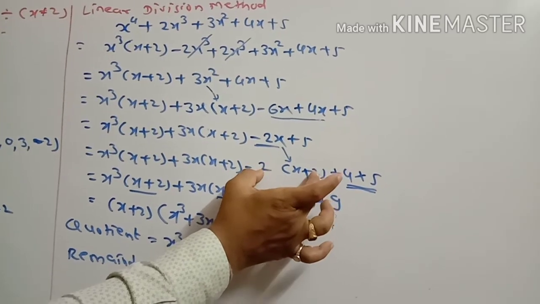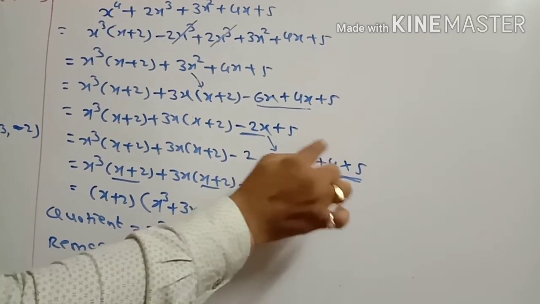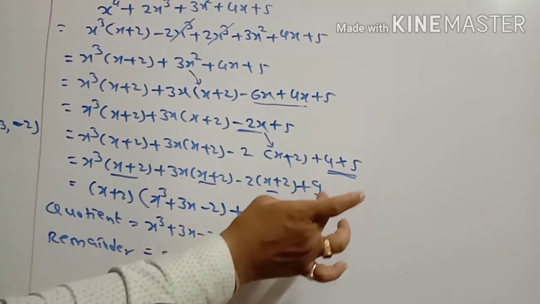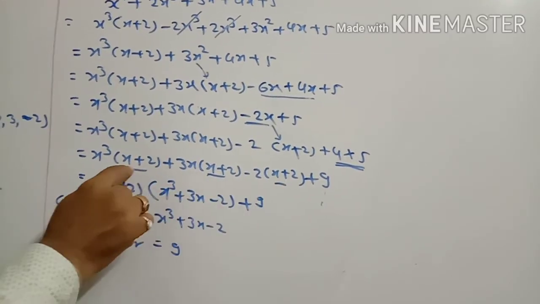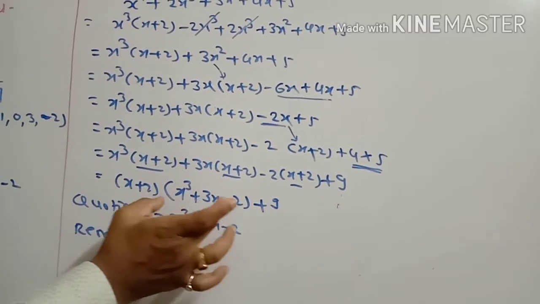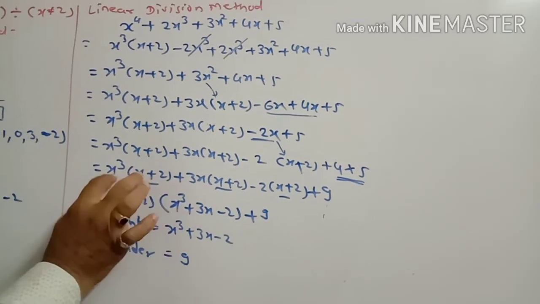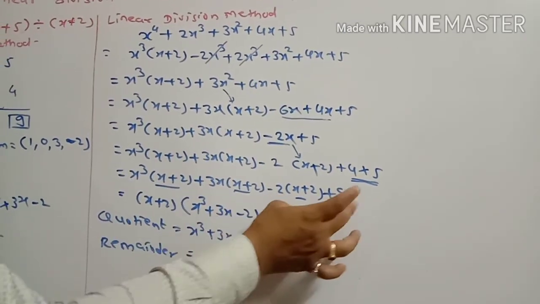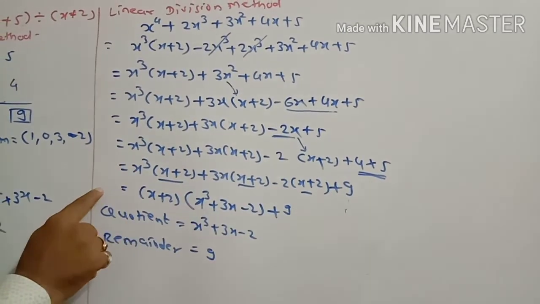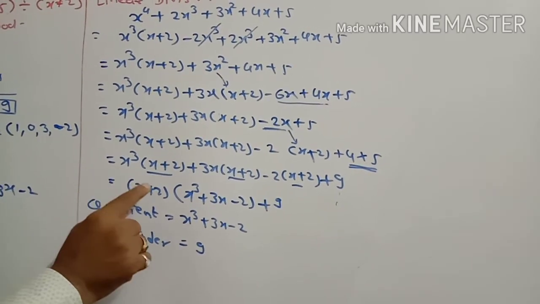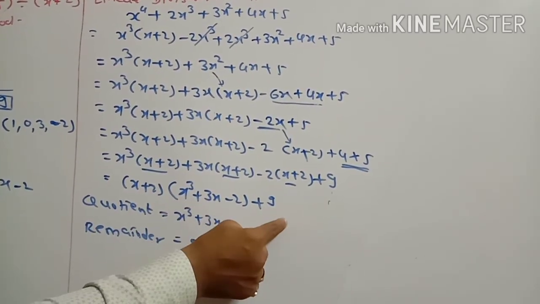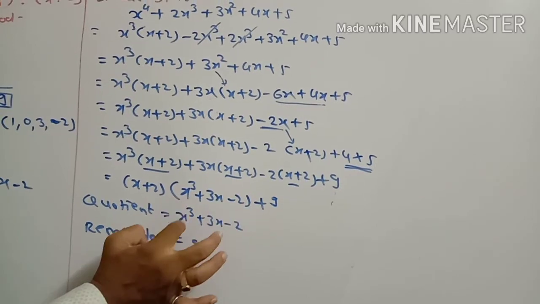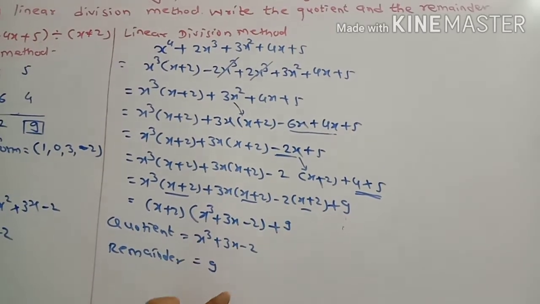Write the opposite of this minus 4, that is plus 4, and then the remaining term 5 plus 4, 9. Now from all these three terms x plus 2 gets common, and the remaining terms we write in the bracket: x cube plus 3x minus 2, plus 9 as it is. Now it is in the form of dividend equals divisor into quotient plus remainder, where the quotient is x cube plus 3x minus 2 and the remainder is 9.